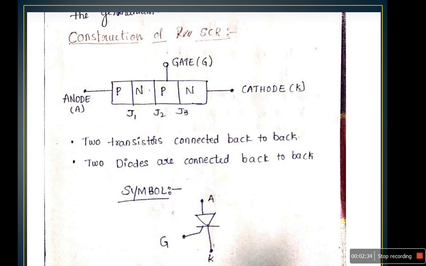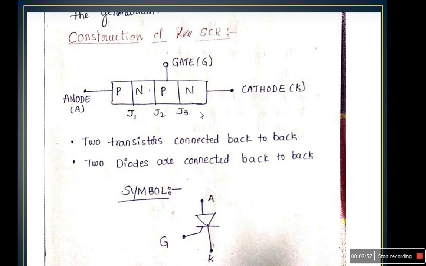So here comes the construction of SCR, that is silicon control rectifier. It is a 4-layer device. The 4 layers are p-type, n-type, p and n, PN and PN. The 3 terminals are anode, cathode and gate. It has 3 junctions, junction 1, junction 2 and junction 3.